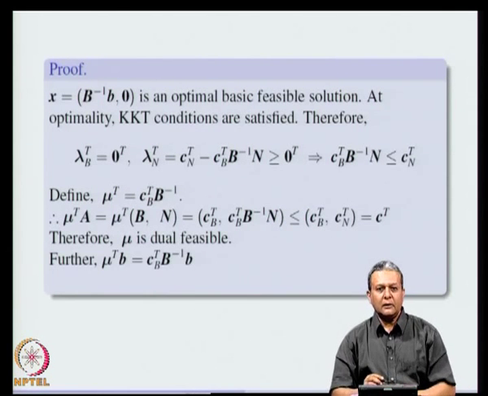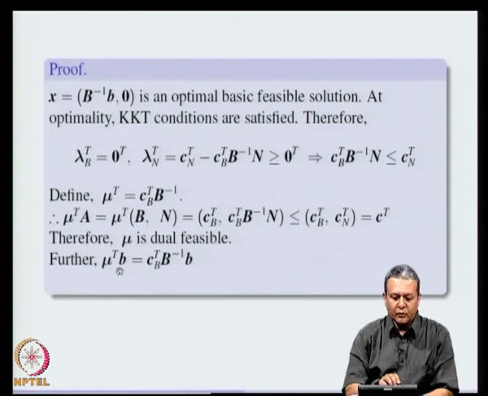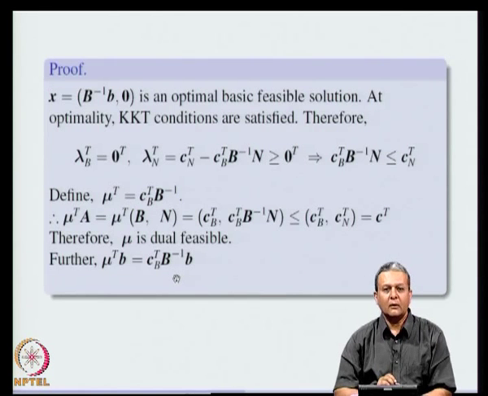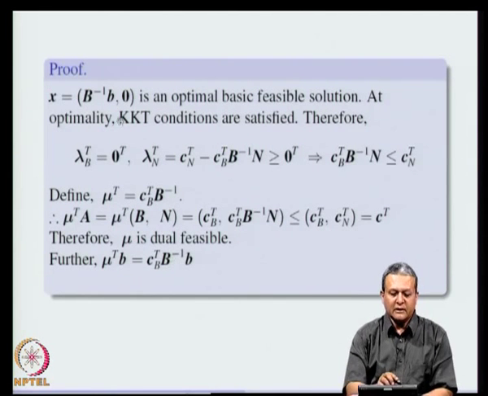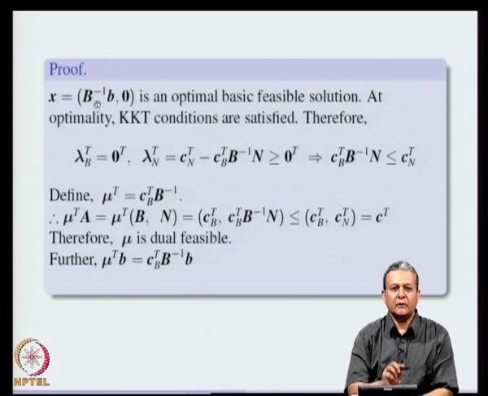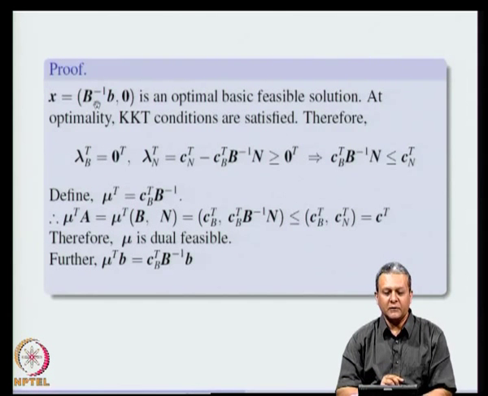Now, at optimality what happens? Mu transpose b can be written as C_B transpose B inverse b, and B inverse b is nothing but x_B, which is the optimal basic feasible solution for the linear primal problem.